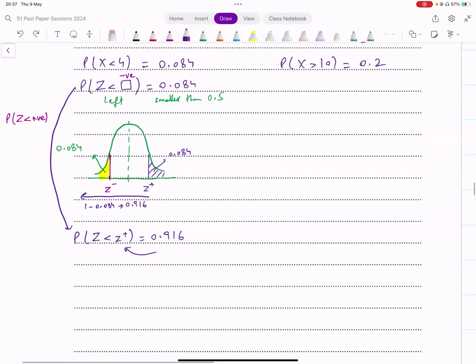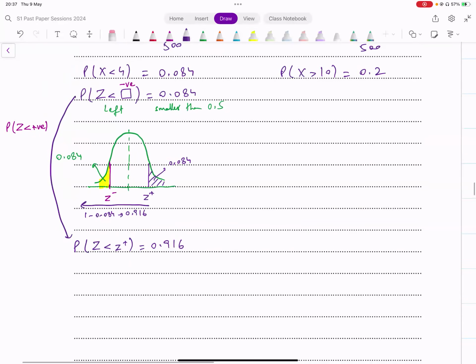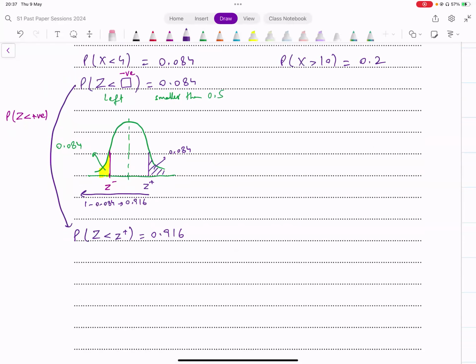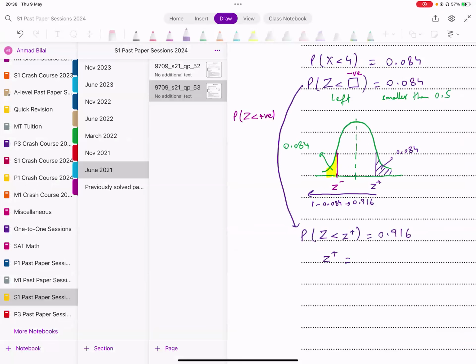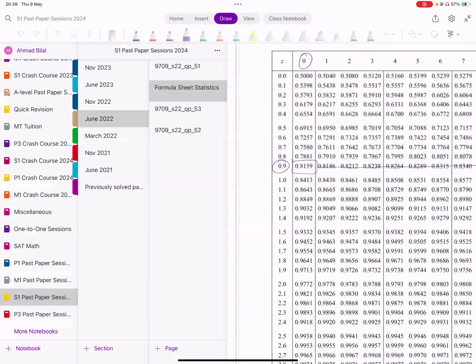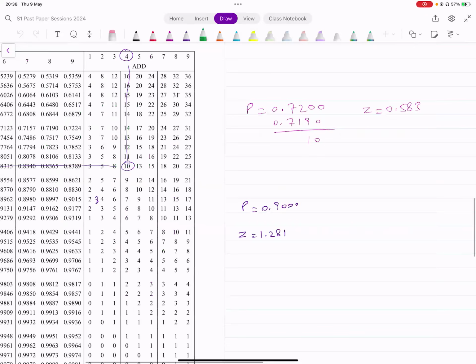Let's go to the table. See what the Z value corresponding to this 0.916 probability is there. Probability is 0.916.